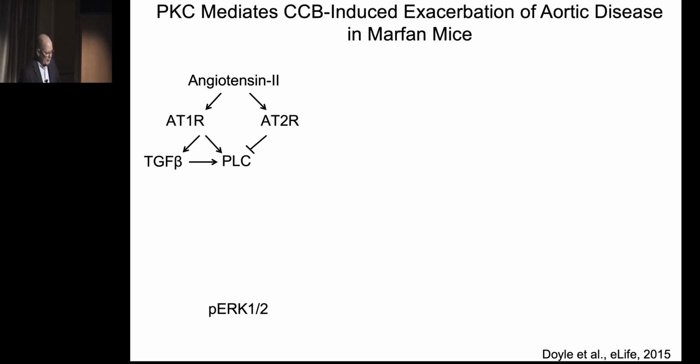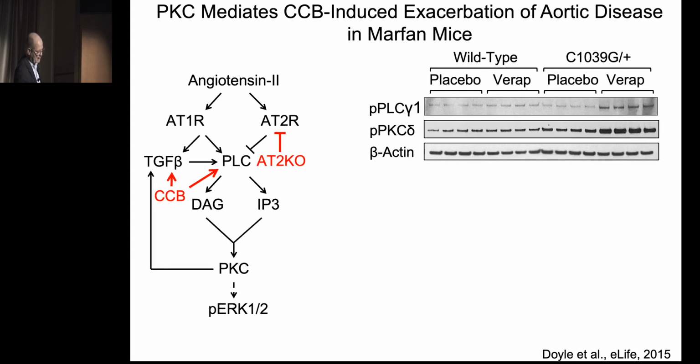In further review of the literature, we found that each of these cascades can influence the activation of phospholipase C, that calcium channel blockers also have the ability to enhance PLC activation, and that then through an IP3 protein kinase C axis could culminate in ERK activation.